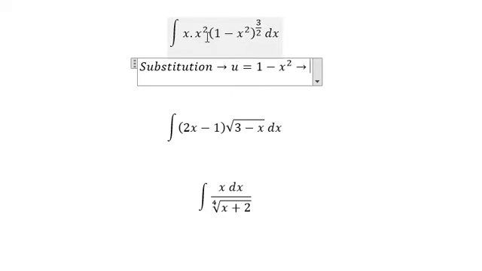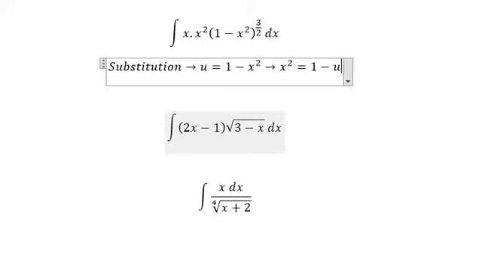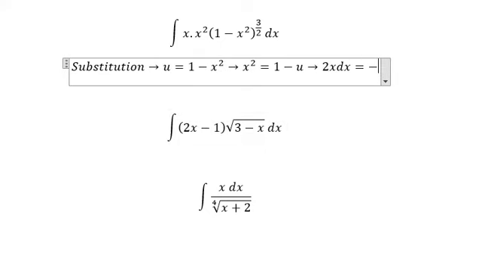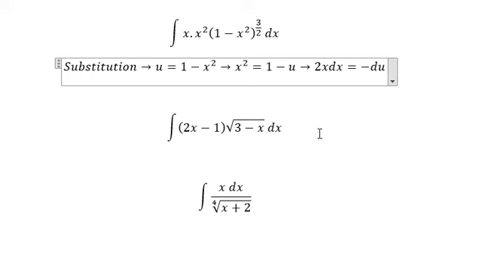Later, we have s squared in here, so we put this one on the left, u on the right. So we do first the derivative for both sides. Because we don't have number 2, we divide both sides by number 2.